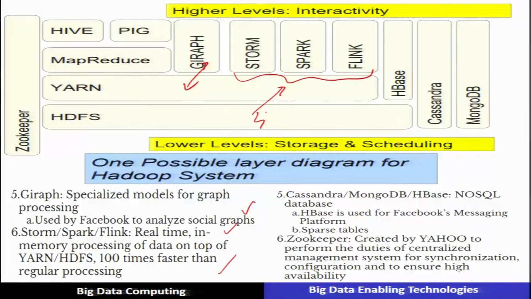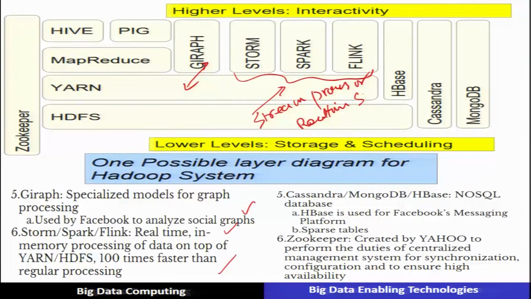So stream processing or real time streaming applications are done using Storm, Spark and Flink over Yarn and HDFS.